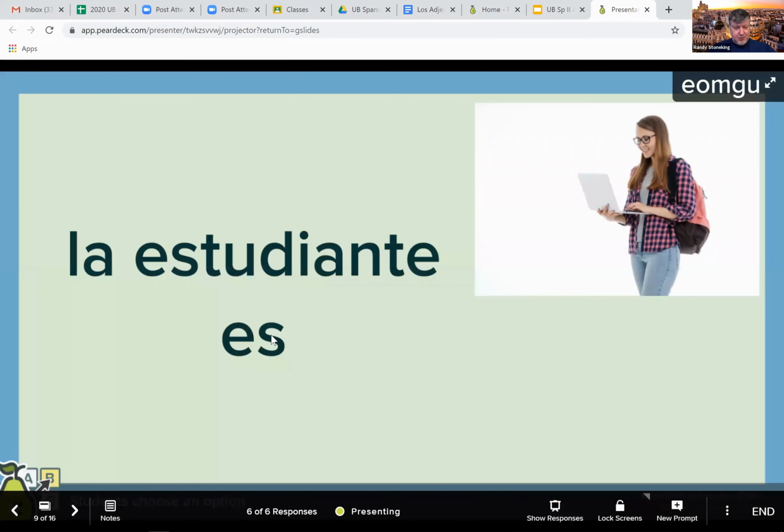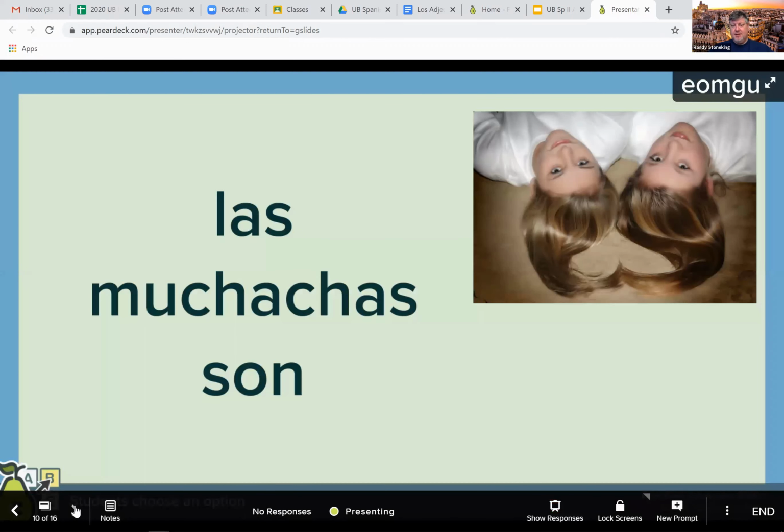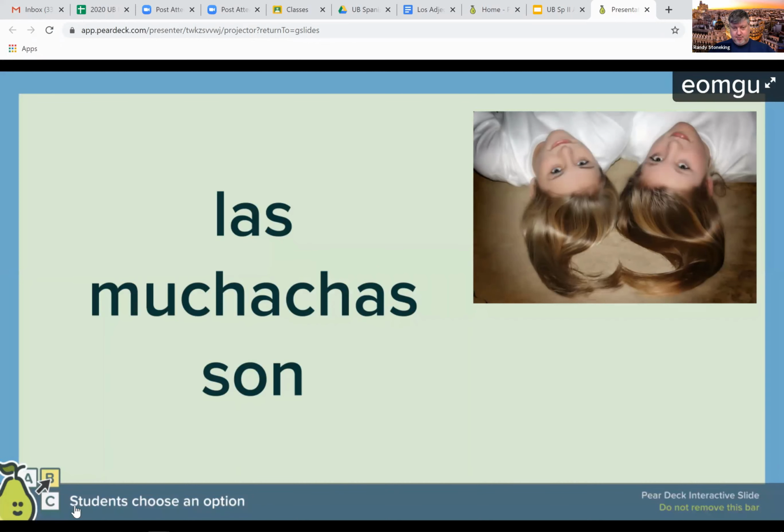All right, let's try and do this. Las muchachas son. Which word would go with that? Which word would finish that sentence off? Las muchachas son.